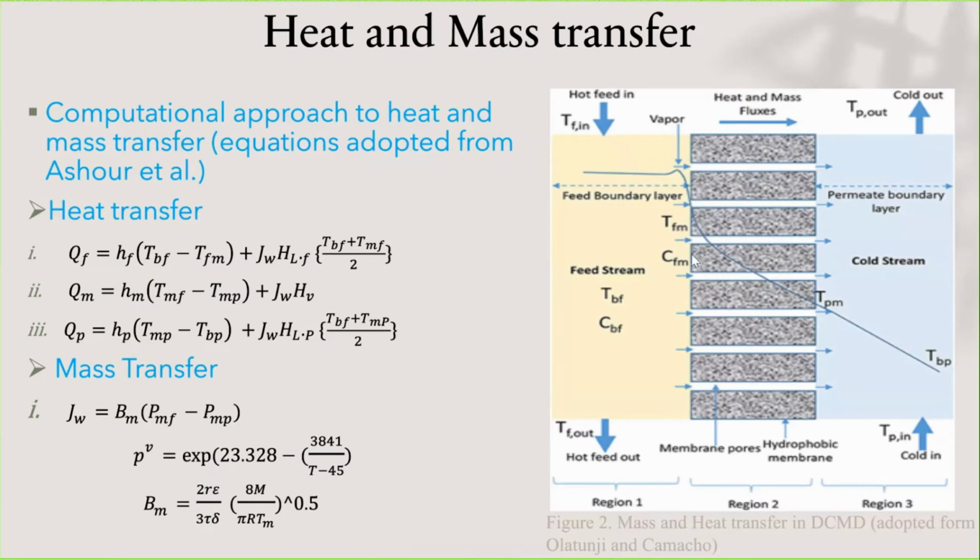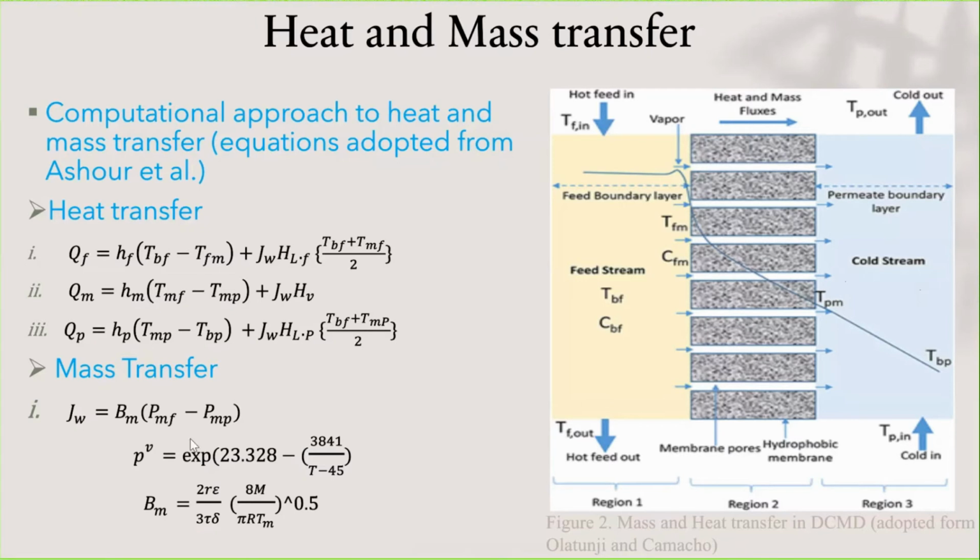So we got the first heat transfer right here. And the second is the heat transfer from the feed-membrane interface to the membrane-permeate interface, which means from this side of the membrane to this side of the membrane. And third, the heat transfer from the membrane-permeate interface to the permeate side. So the last one is going to be from this side of the membrane to the cold permeate side.